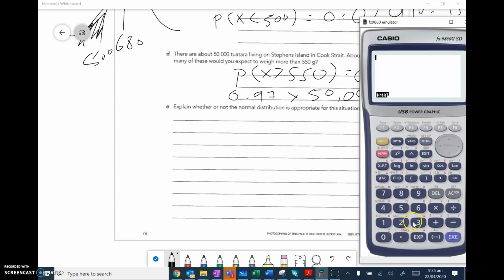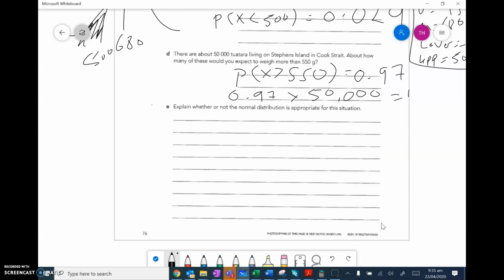So 50 times 0.97, so 48,500. Now that'll depend on how you've rounded your work. I rounded it to 2 decimal places. If you rounded a few more, you'd have a slightly different answer there.